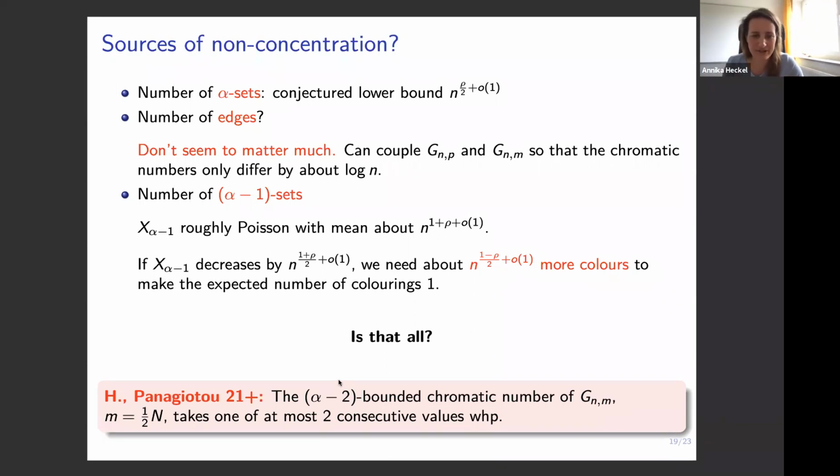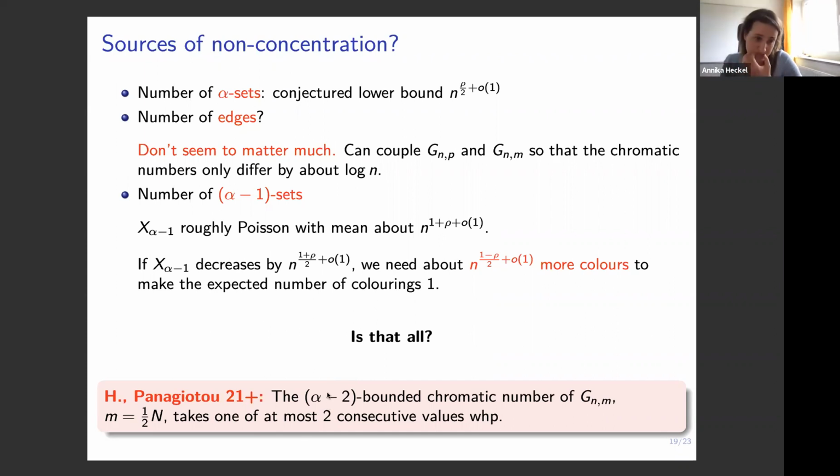By a very complicated application of the second moment method, we can show that this takes one of at most 2 consecutive values with high probability. And that's despite this being actually fairly close to the normal chromatic number. So for the alpha minus 2 bounded chromatic number, we have the same estimate that you saw on the second slide, and still, this seems to be very narrowly concentrated.